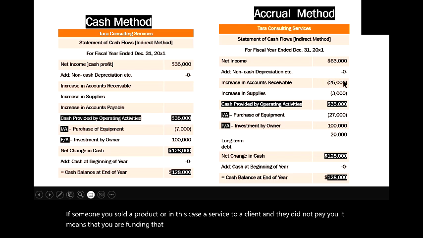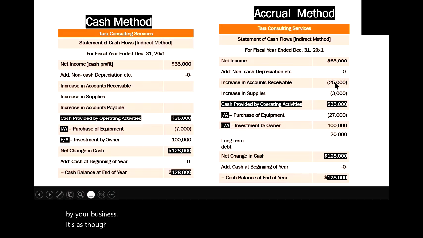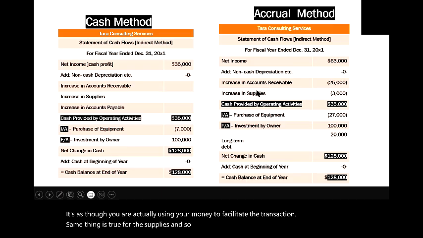And so this would be considered a use of funds by your business. It's as though you are actually using your money to facilitate the transaction. Same thing is true for the supplies. And so as a general rule, any increase in assets other than cash is considered a use of funds.